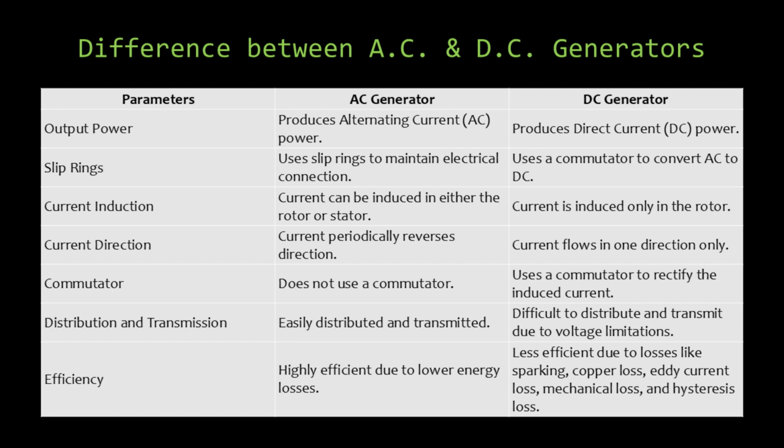Current in AC generators periodically reverses direction, unlike DC generators. Importantly, AC generators are more efficient and easier to distribute and transmit, making them preferred in many electrical applications. They can generate higher voltages and require minimal maintenance compared to their DC counterparts.